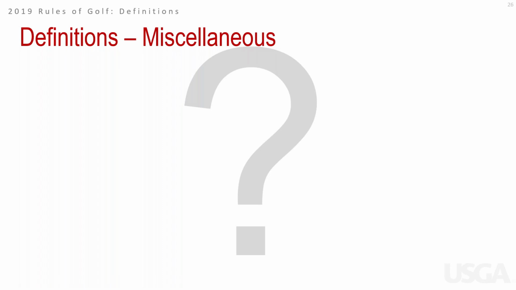You think about that one real quick. So if player B was player A's partner, let's say it was a four-ball competition, then we would have some issues because player A is responsible for what his partner does. And if it turns out to be player A's ball in that situation, then there would be a penalty involved. If it's an individual stroke play event, I'm gonna think about that one.